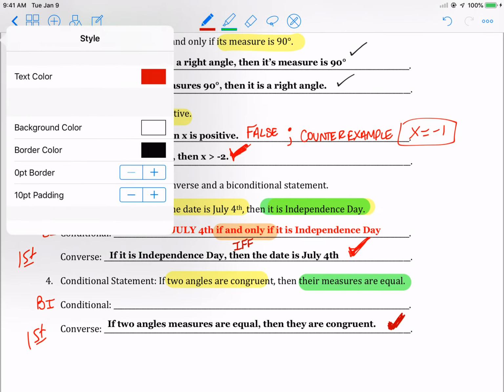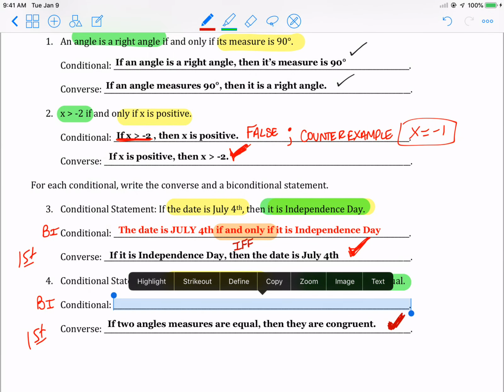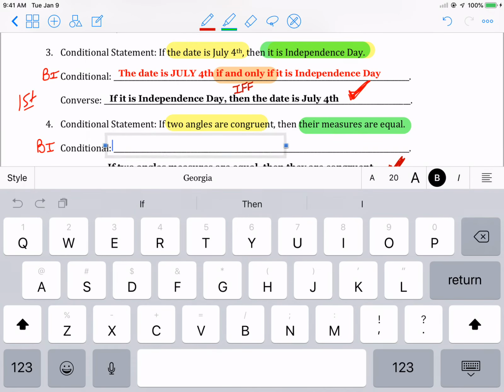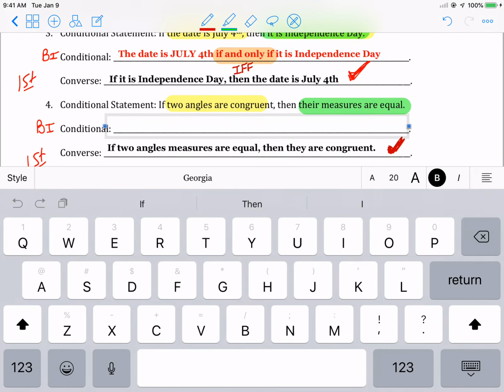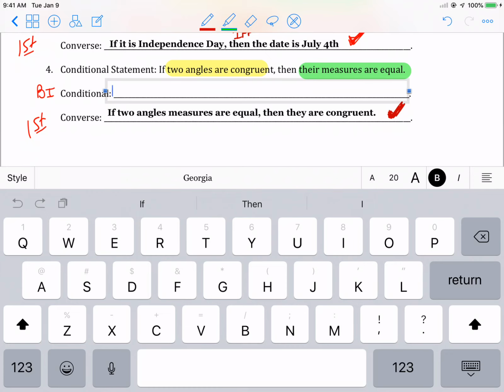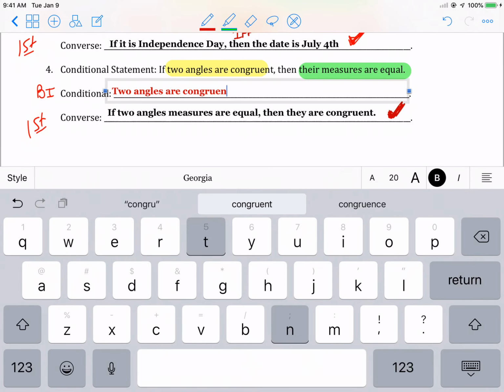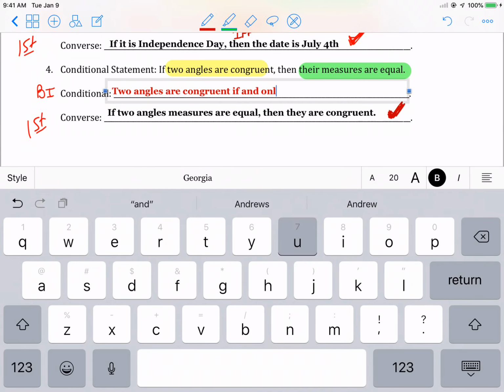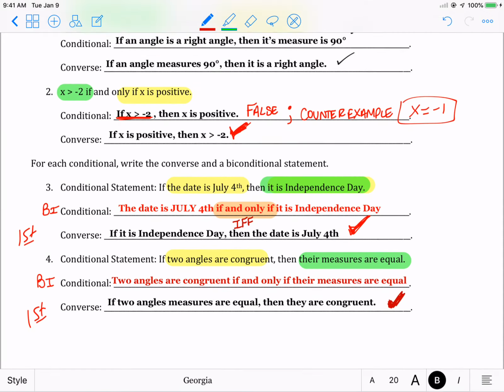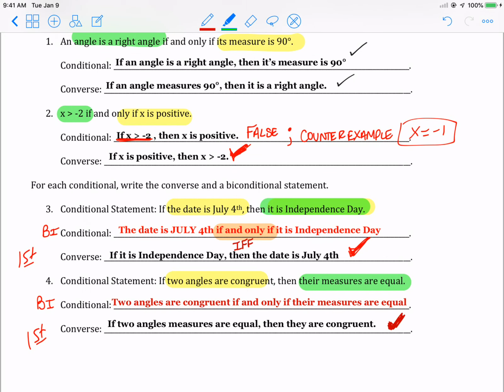Two angles are congruent if and only if their measures are equal. And again, there's our key phrase, if and only if, which means it must be true.